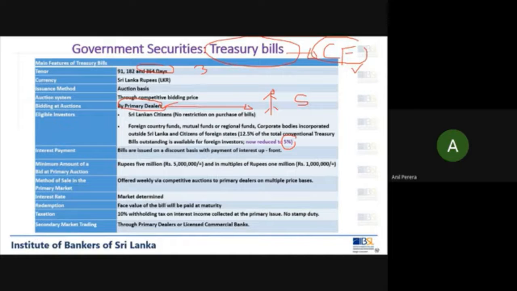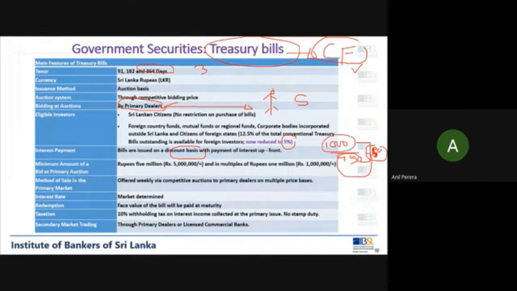And I told you treasury bills are issued at a discount. Discount means if the bill is 1,000, they issue at 950, for example. So your return of 50, you get it upfront, right? So at the maturity, for example, you buy at 950.